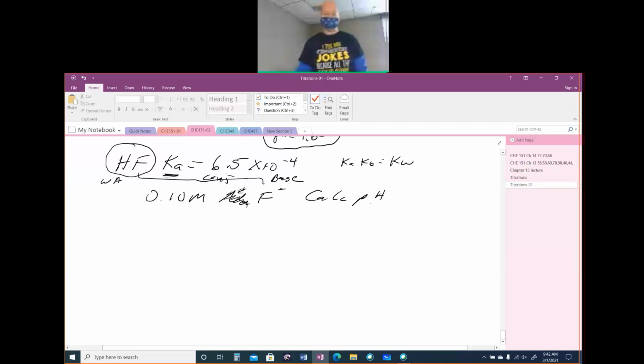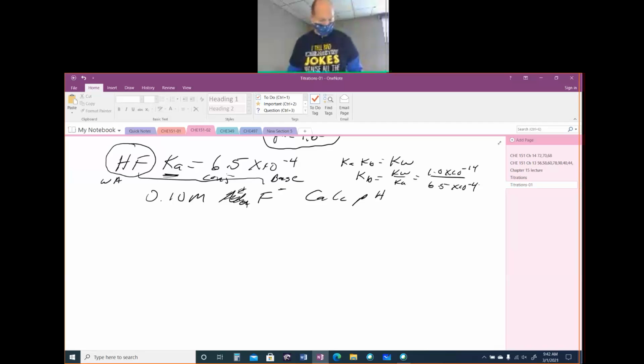You will have to calculate it, which is the case here. We want the Kb. We have the base. So the Kb is equal to the Kw divided by the Ka, which was given. So 1 times 10 to the minus 14 divided by 6.5 times 10 to the minus 4. And that is 1.5 times 10 to the minus 11.